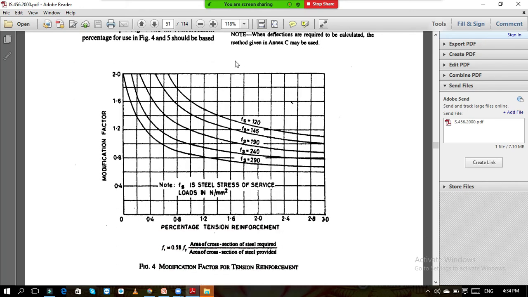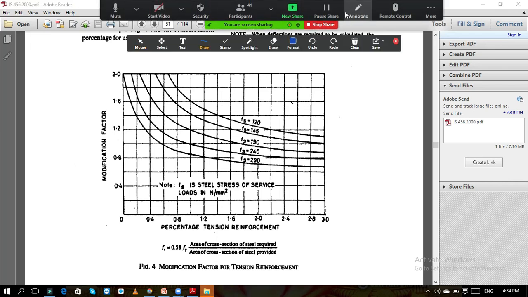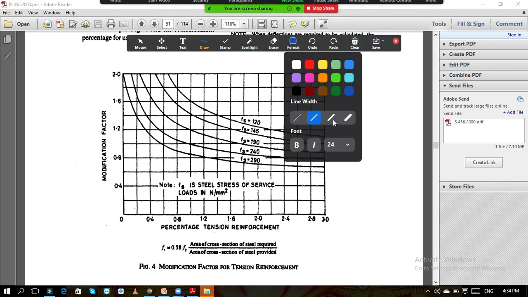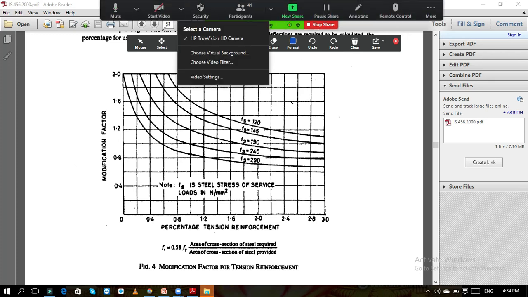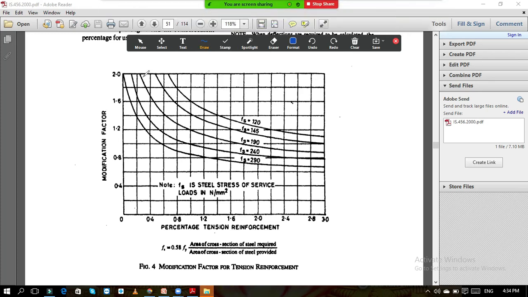So now our line is the 190 line. So I will mark this line first. This is the line 190, because our 198 value is nearer to 190 than 240.